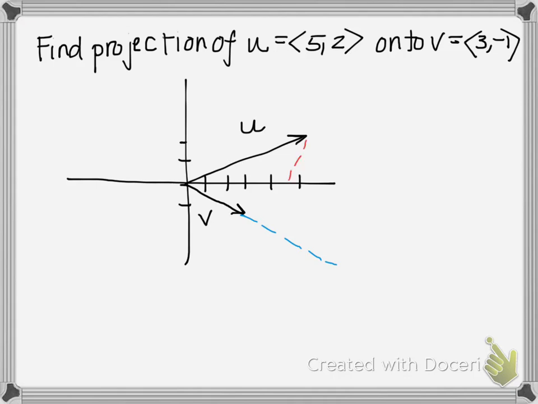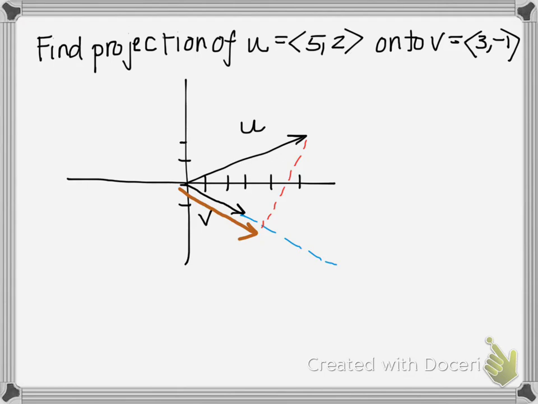So I'm dropping down from this point, from u onto v. Right? And the projection, which is a vector, is going to be here. So I want to know what that vector is. We could do some trigonometry and some geometry here in order to find out what that vector is.